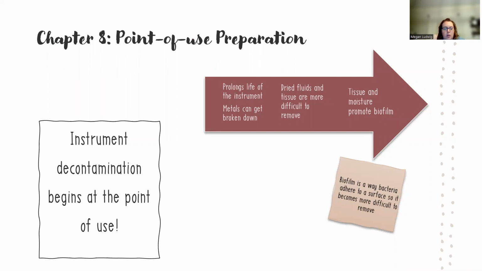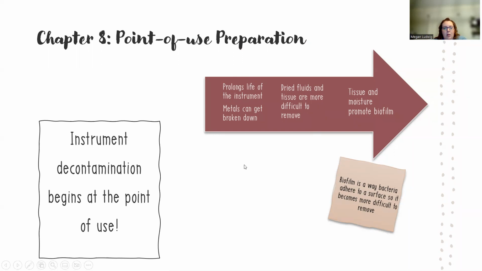We're using sterile water to rinse it off. We don't want that tissue to get dried into either the clamps or the shank of the instrument. It's going to make it a lot harder for the surgeon to use during the case, and a lot harder for the sterile processing tech to clean it after. So again, we do it to prolong the life of the instrument.